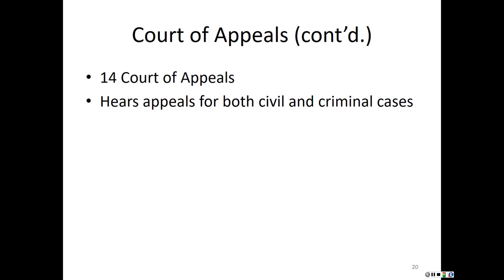Now let's talk about some differences. These appellate courts have appellate jurisdiction. They're going to make sure that the court at the lower level, the trial court, followed proper procedure. How do they differ?